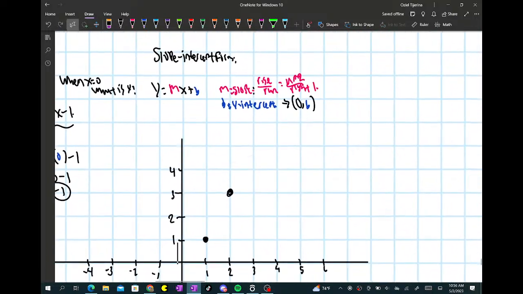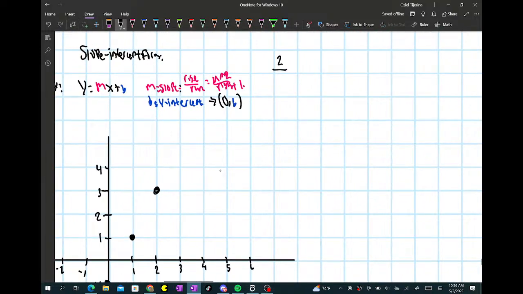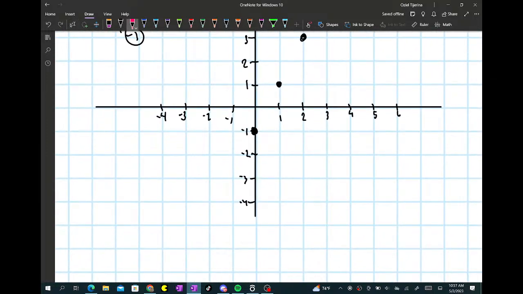And now also, I know that 2 over 1 is really -2 over -1, which means I can go down 2 and then left 1. So I'm going to go 1, 2, 1.